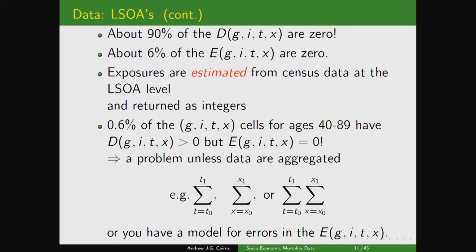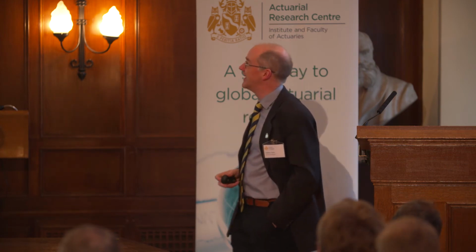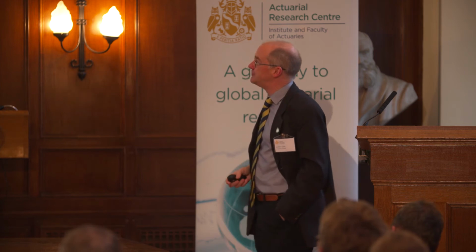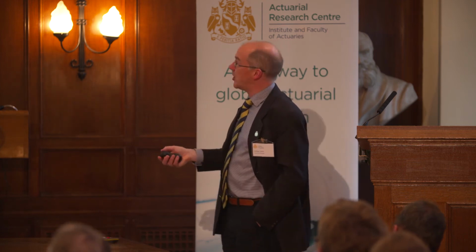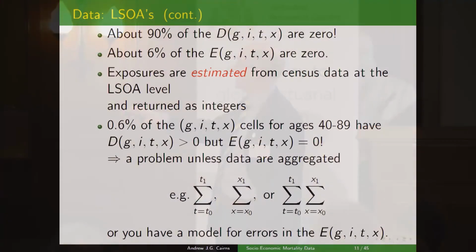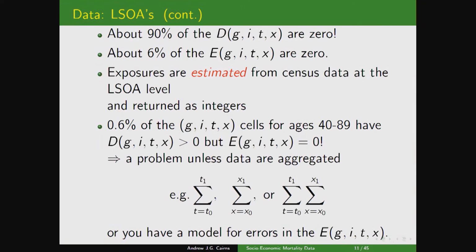That's fine, it just means you need to use proper statistical distributions, as anything like a normal approximation is not going to work so well at that level of detail. Then also about 6% of the exposures are zero. Again, that should be fine, you just need to work carefully.